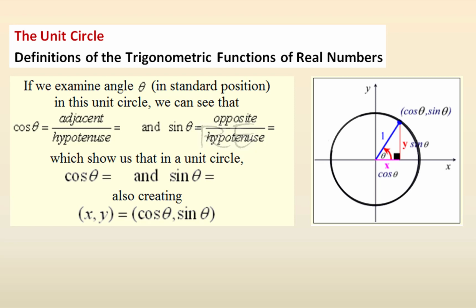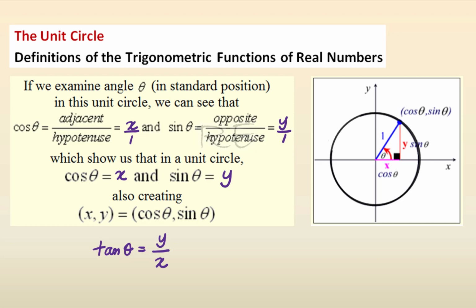If angle theta is in standard position in the unit circle, cosine theta is x, and sine theta is y. Now, tangent theta will be y over x.